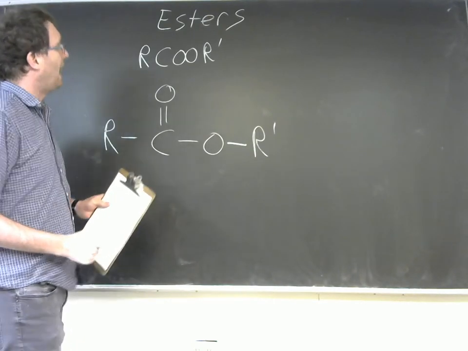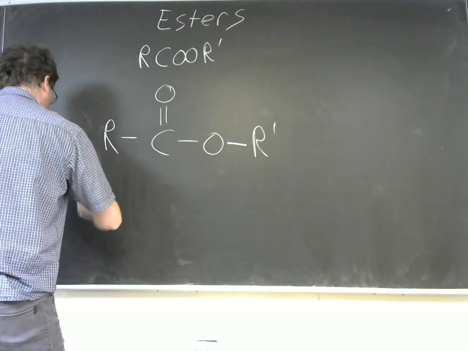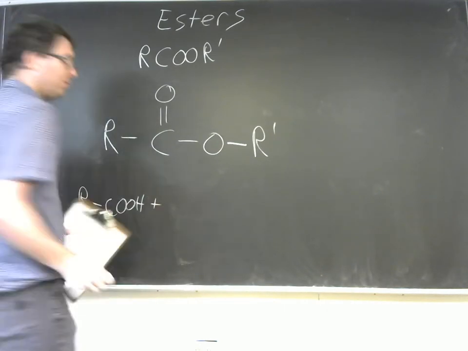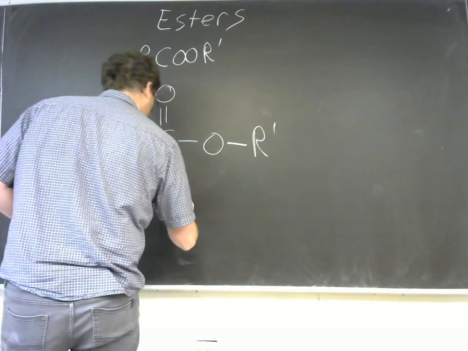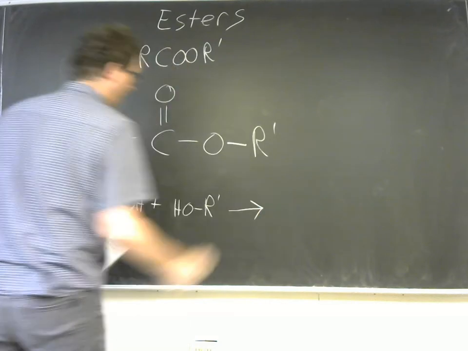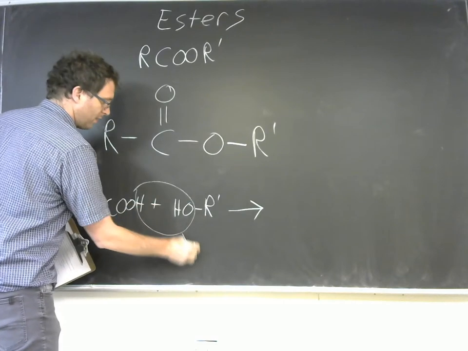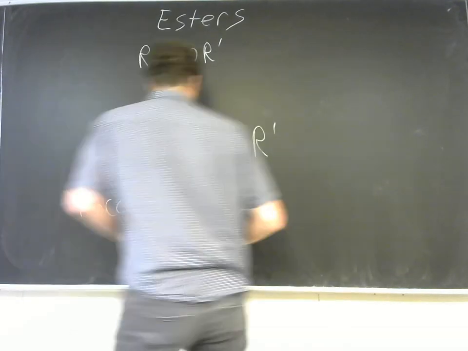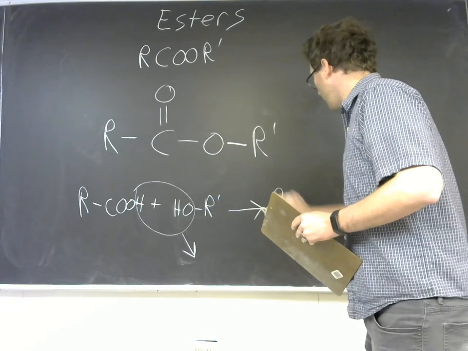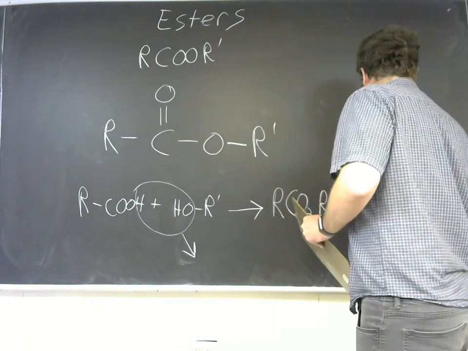So esters are actually formed by a carboxylic acid, so you would have RCOOH plus an alcohol, so we'll do HOR', and these two hydrogens and the oxygen are going to go ahead and leave, and the R' will attach to the oxygen, and so you'll end up with RCO2R' plus water.